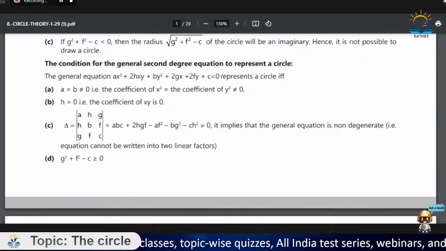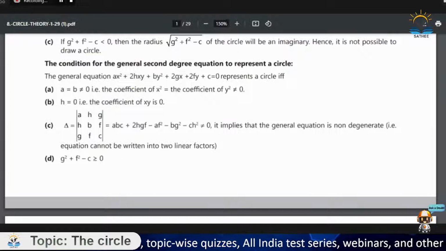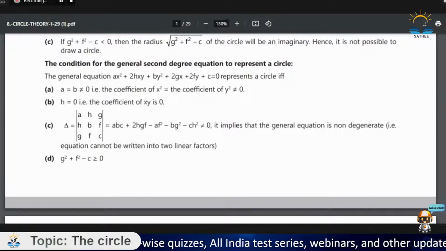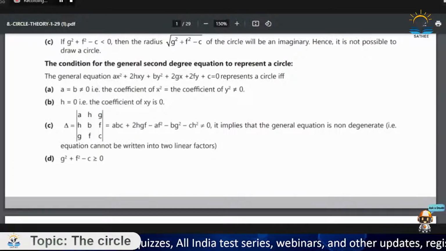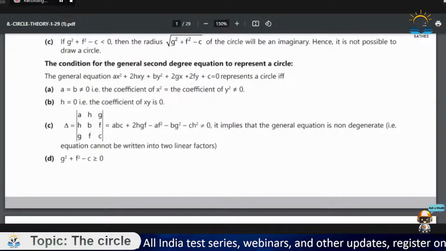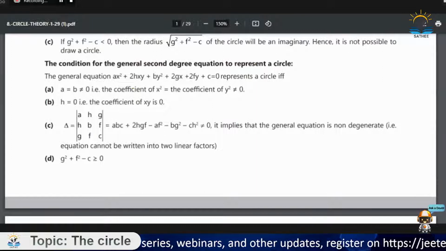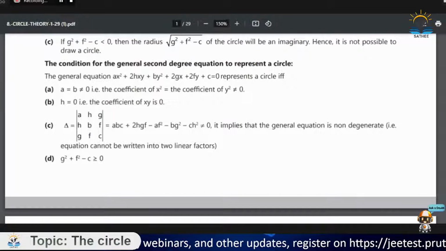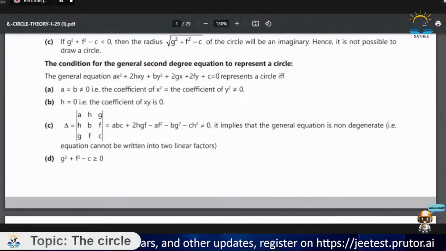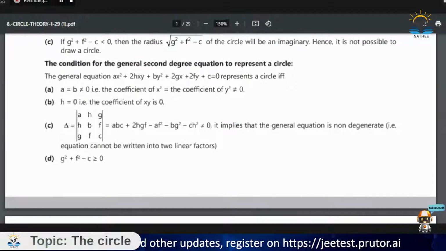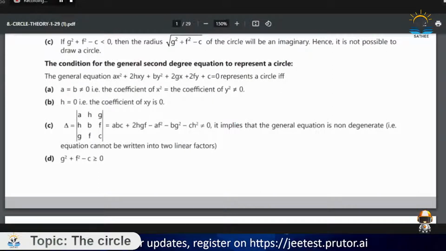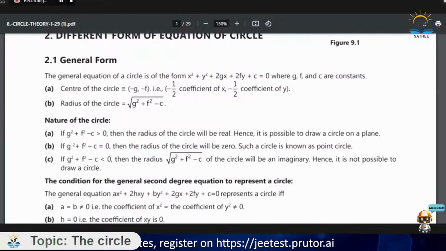Now we have this general equation, a x square plus 2hxy plus b y square plus 2gx plus 2fy plus c is equal to 0. For this, h should be equal to 0, that is the coefficient of xy is 0. We see this after comparing this equation with the general form of the circle.